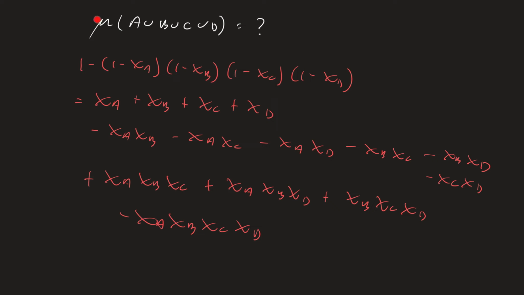So we get that this area is equal to the sum of the individual areas minus the sums of the areas of pairwise intersecting sets plus the sum of the areas of any 3 of the sets intersecting minus the area of the intersection of all 4 sets.